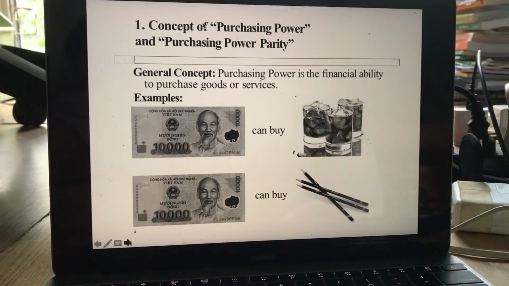So with 10,000 Vietnamese dong, you can buy 3 cups of tea, right? You can also buy 3 pencils. So it captures the financial ability to purchase goods or services.